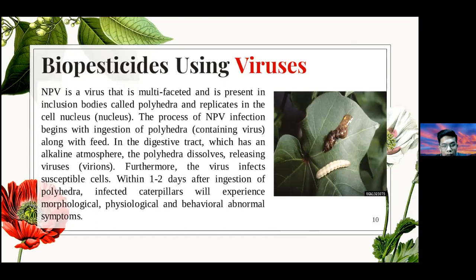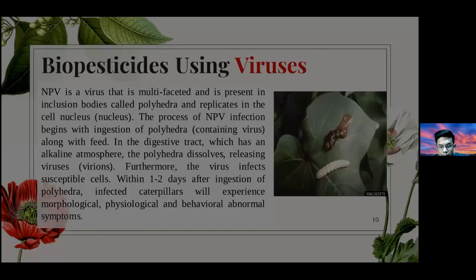The polyhedra dissolves, releasing viruses or virions. Furthermore, the virus infects susceptible cells. Within 1 to 2 days after ingestion of polyhedra, infected caterpillars will experience morphological, physiological, and behavioral abnormal symptoms.